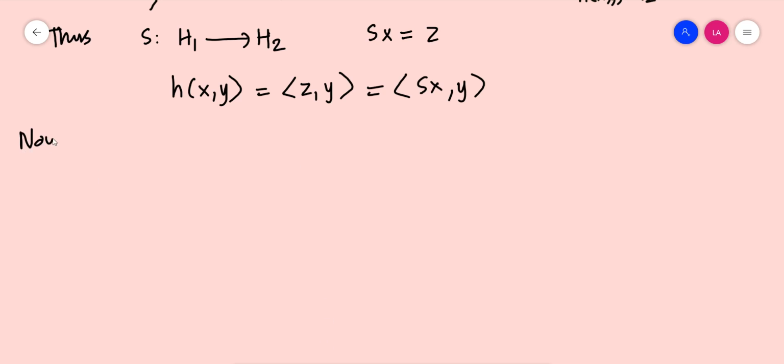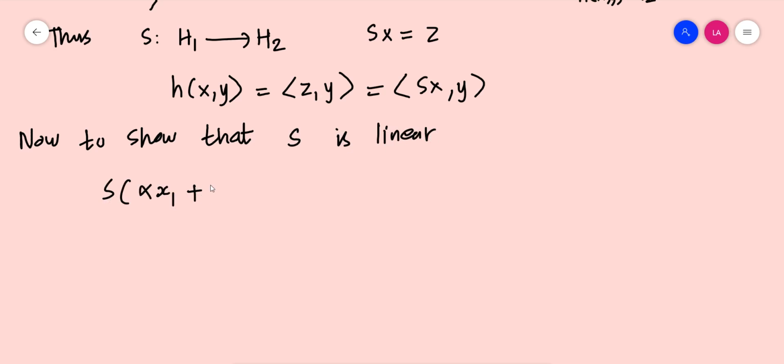So now, to show that S is linear, for that, take S of alpha x1 plus beta x2, where alpha, beta are scalars and x1, x2 are elements of H1. We have only one piece of information regarding S, that is h of x,y is equal to inner product Sx, y.